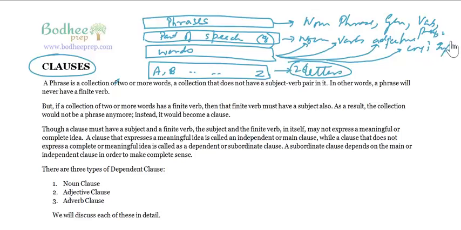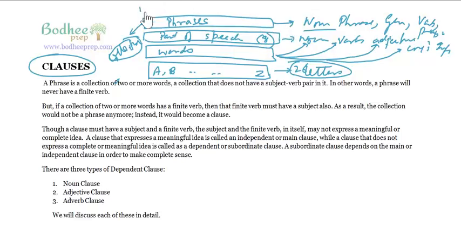A phrase is a collection of words, and depending on what function that collection has in the sentence, we give that phrase a particular name, such as noun phrase. So we have around 10 to 12 different kinds of phrases, not more than that.